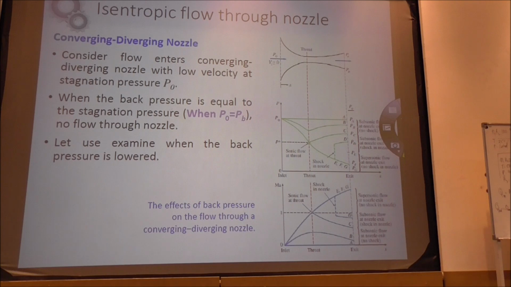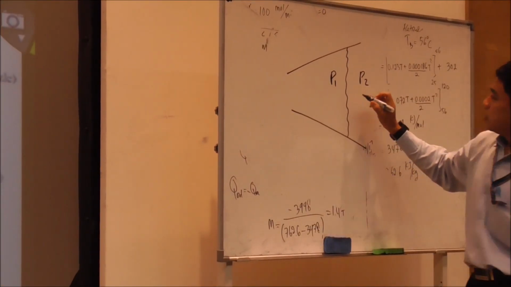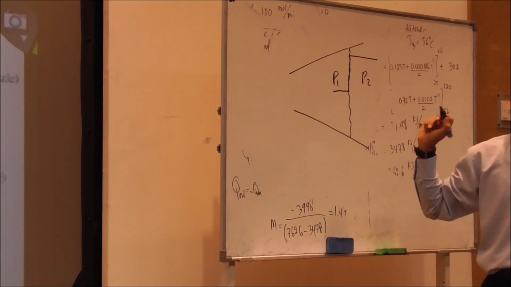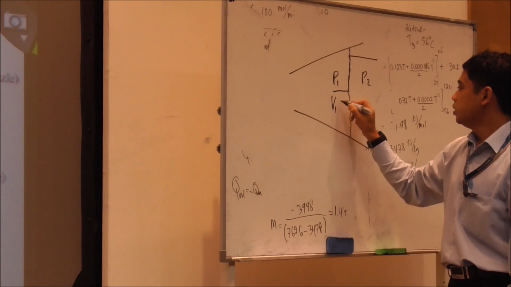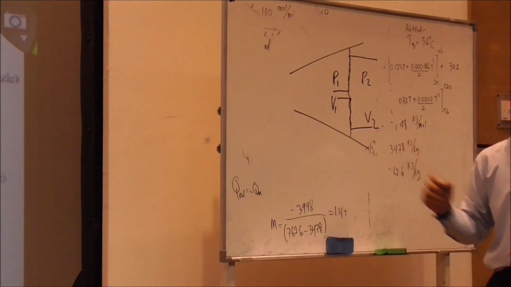So if you look at this, if you look at P, it will be like this, then increase rapidly, right? Whereas for the velocity, it will go there, and then it will decrease rapidly.